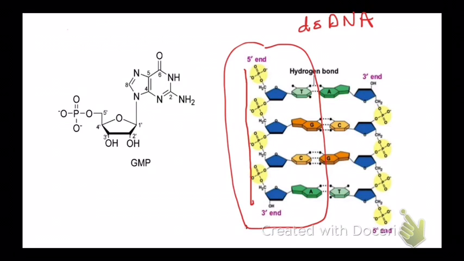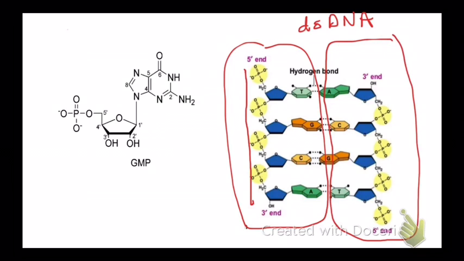The phosphate sugars are covalently bonded to one another, and the nitrogen base is also attached, but this is another strand over here. Now the 2 strands are like lanes on the highway. One is oriented with the 5 prime end on the top and the 3 prime end on the bottom. The other is oriented just opposite of that.